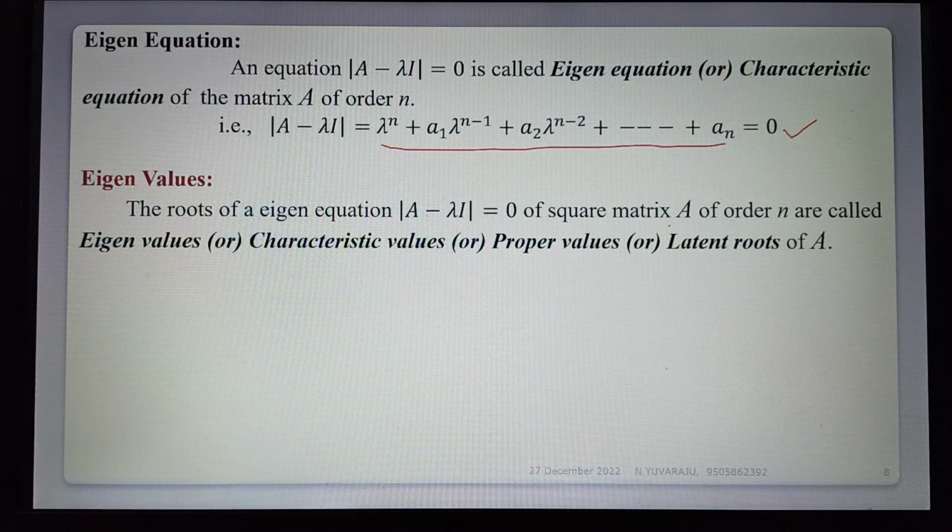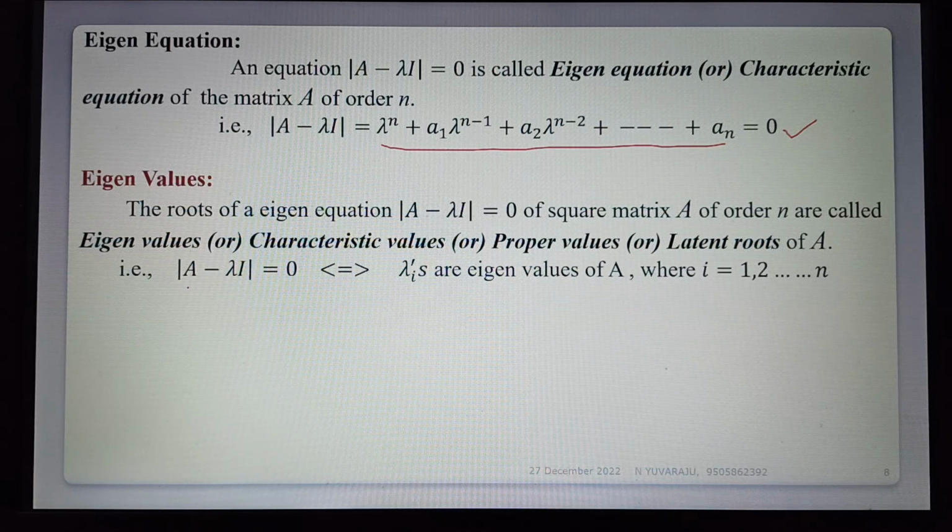Solving the characteristic equation, we get the lambda values, and these lambda values are called the eigenvalues of A, that is lambda 1, lambda 2, up to lambda n.